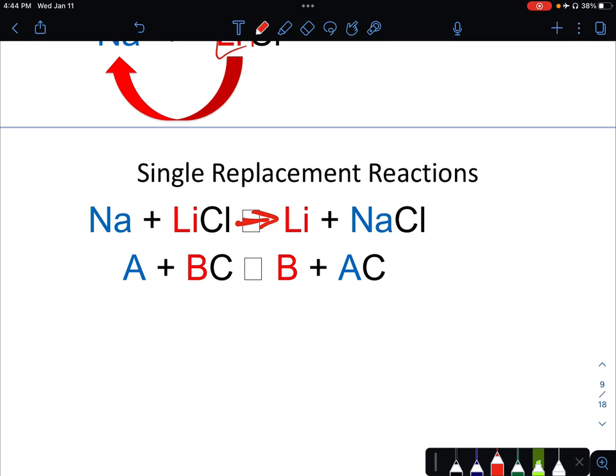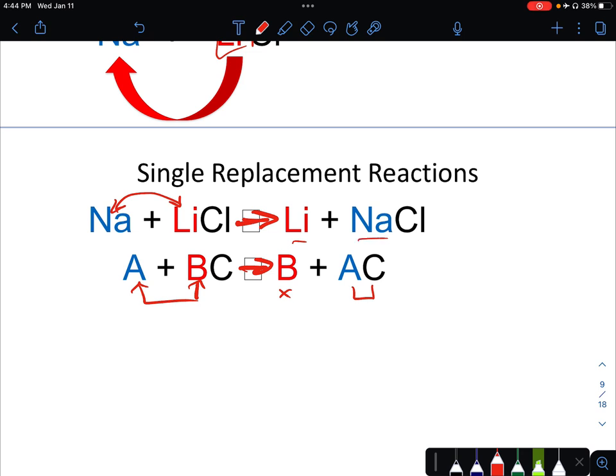So it is maybe a little bit more reactive. So what we see here is that B and that A switch, right? So the B goes all by itself, and then the A is paired with the C. So with this switch, we end up with Li and NaCl.